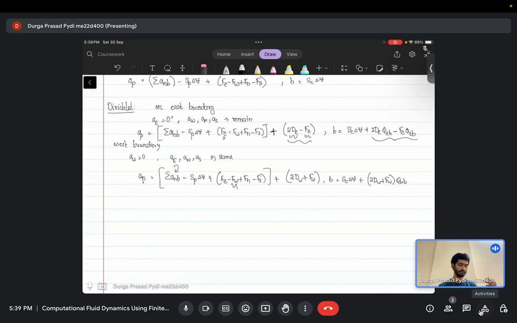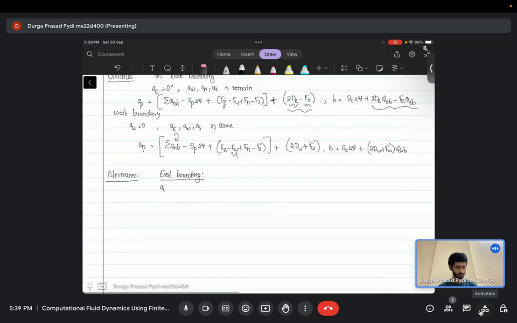Now suppose you are having a different boundary condition, say you have a Neumann condition. It essentially says your flux is 0. So when your flux is 0, your diffusion term just goes off. I'll write just for one boundary, say on the east boundary. So your A east will be 0, remaining everything remains the same. So I will write AP again in the standard format.